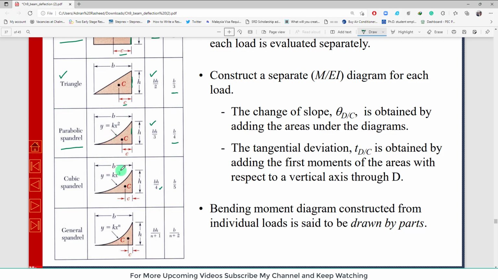For cubic, y is equal to k power n. So for general or higher order, we can write n instead of a specific value, where y is equal to k power n. There is a general formula for area and distance of center from this vertical line. If you put, for example, parabolic, n is equal to 2, so BH over 3, which is the same, and B over 4, which is the same. Similarly, you can also use it for cubic and so on.